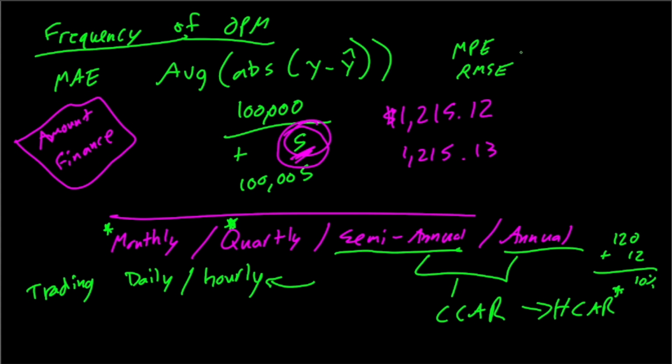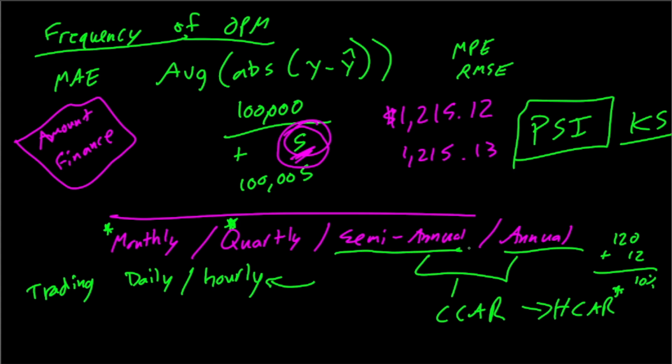PSI is the same thing. As I mentioned, PSI is great. It is wonderful. I absolutely love it. You can use KS as well. It's another metric for monitoring movements. But what you're going to look at with these again is how much data is going to be required to move. That is critical. You need to think about that for the frequency of your monitoring.